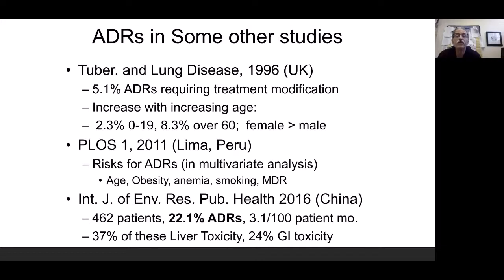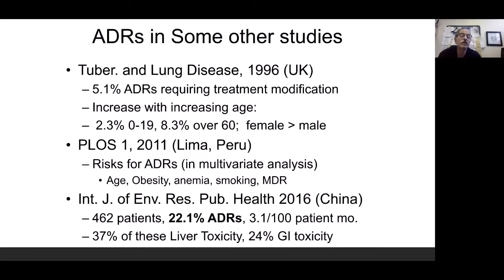Another study from Lima, Peru, where obesity and smoking were associated with adverse drug reactions, as was multi-drug resistant disease, but there we're using more and more drugs with additional toxicities.